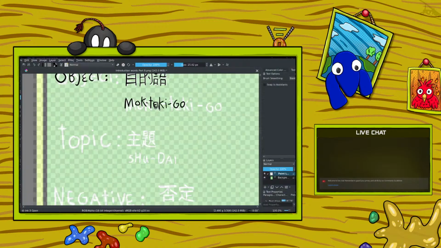So we now have topic, so that means that I'm gonna go topic, and then of course do the rest again. And then this bit is dai. Which is then of course topic is then shudai.